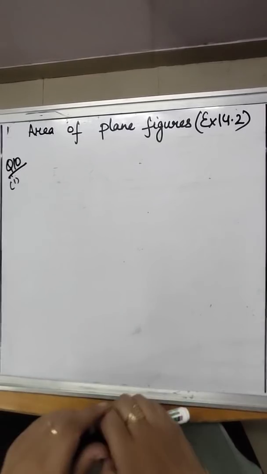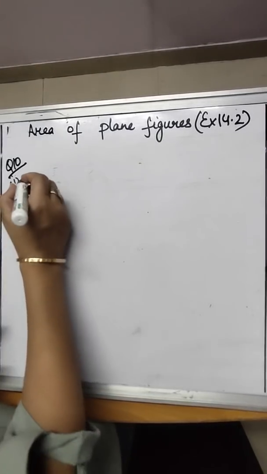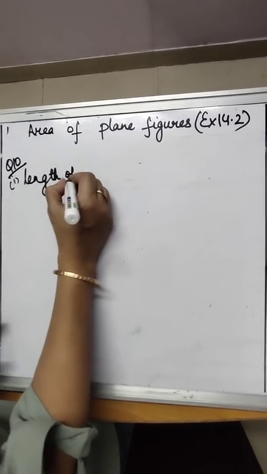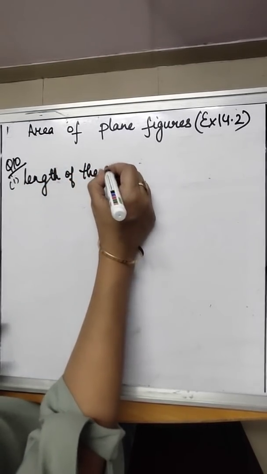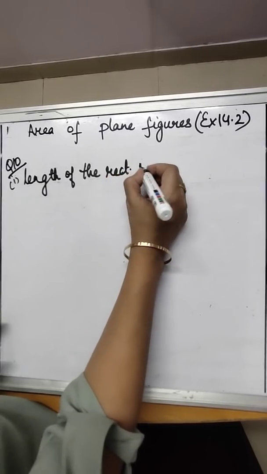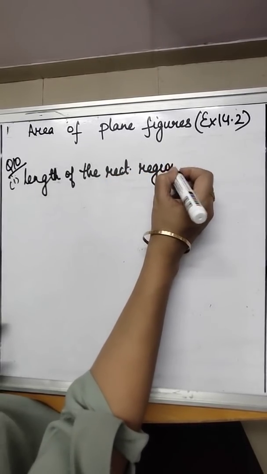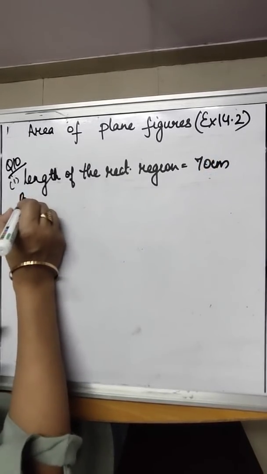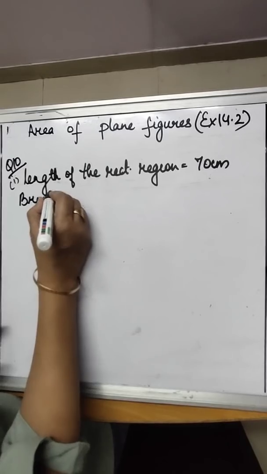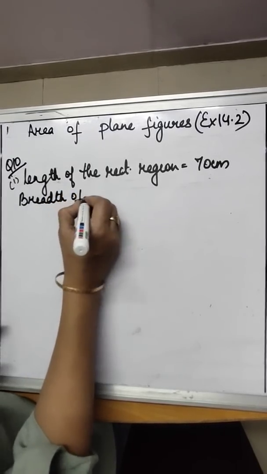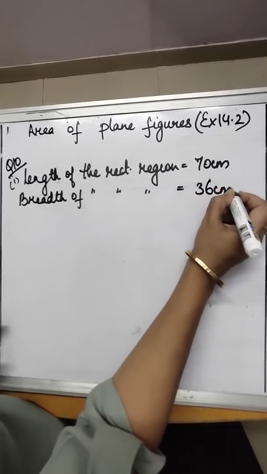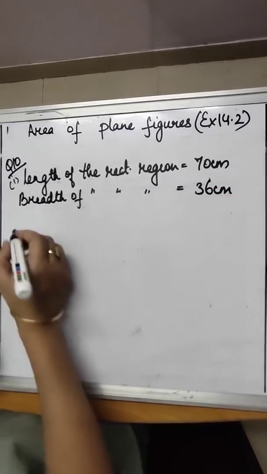So you have the length of the rectangular region, 70, and the breadth of the rectangular region, 36. So what will be the area?